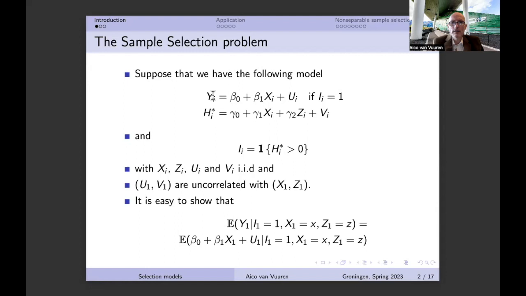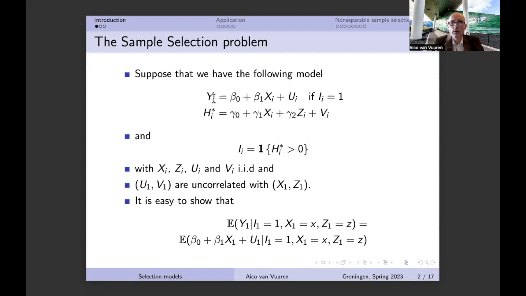The simple answer is that we could just run a regression of y on x on those observations that we actually observe, for which I is equal to 1. This is usually called the selected sample. We can look at the subsample for which we do observe y_i and then simply run an ordinary least squares regression. But we should take into account that this actually does not work.